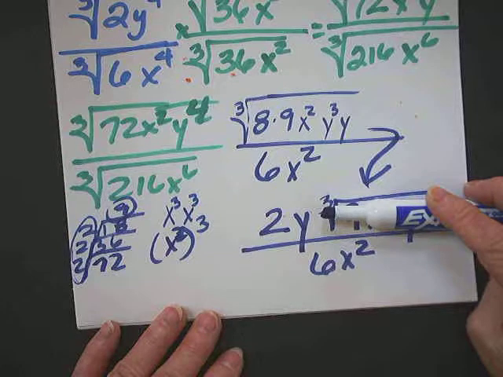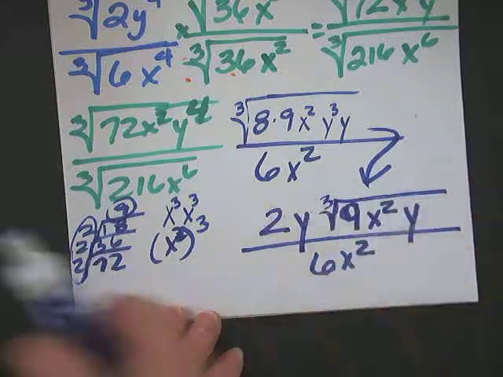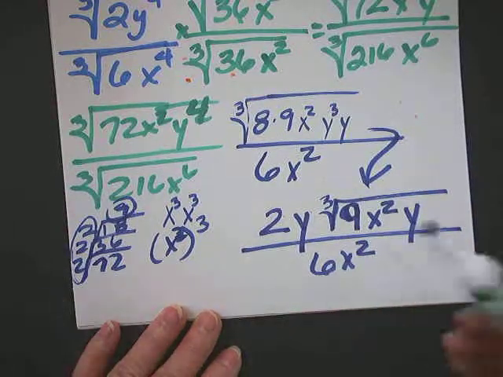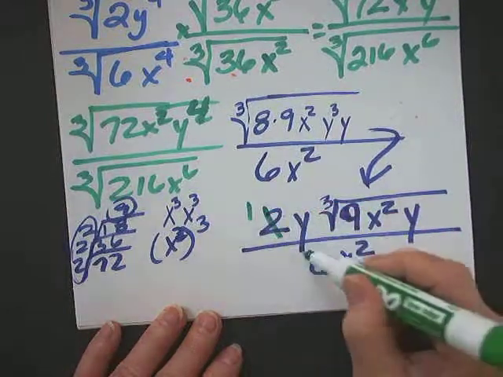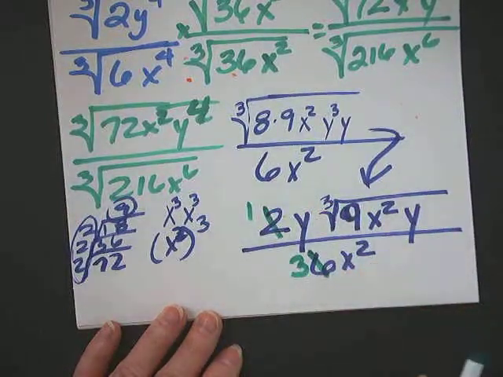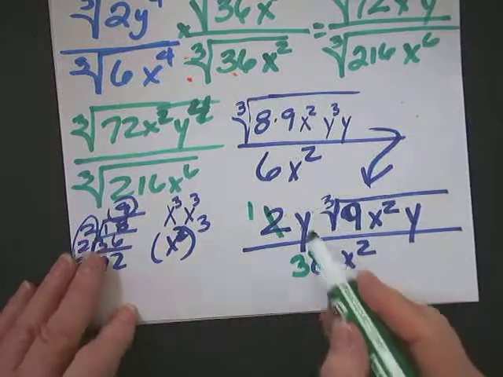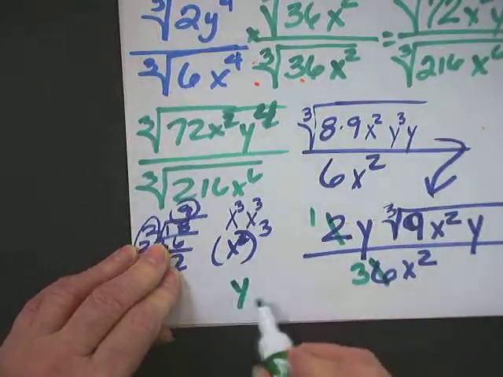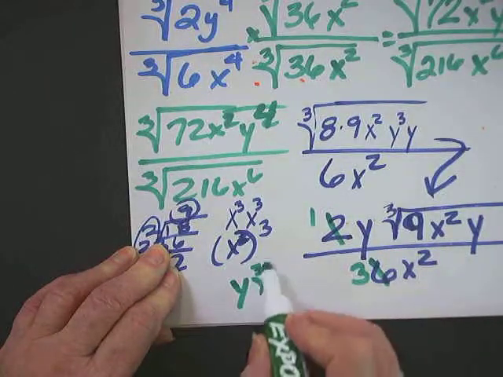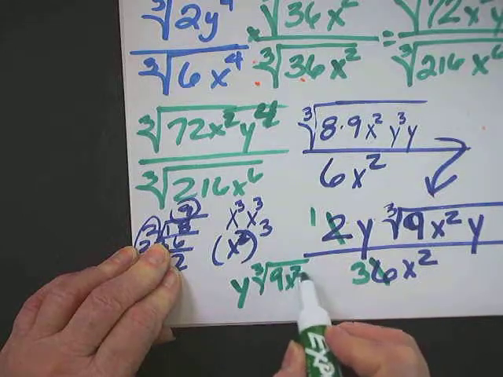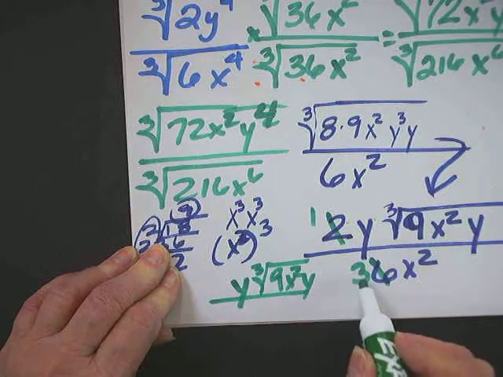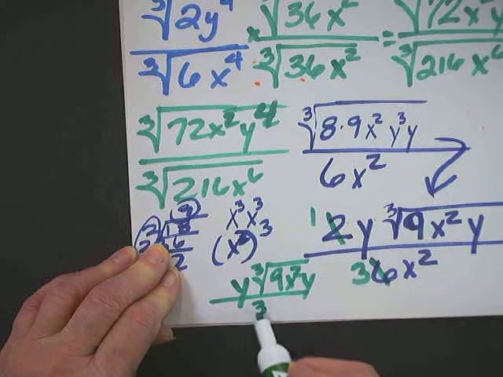Is there anything we can do to simplify that? Can't do anything under here. If you had that over that, would you be able to reduce anything? The numbers or the letters? Look at the numbers. 2 and 6. Will they divide by 2?